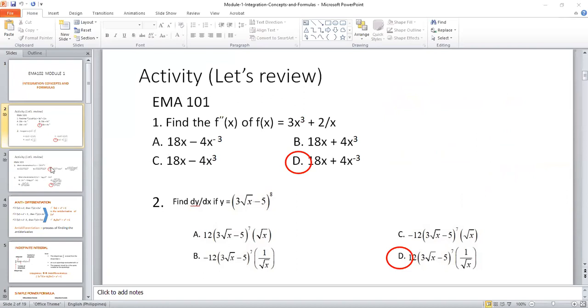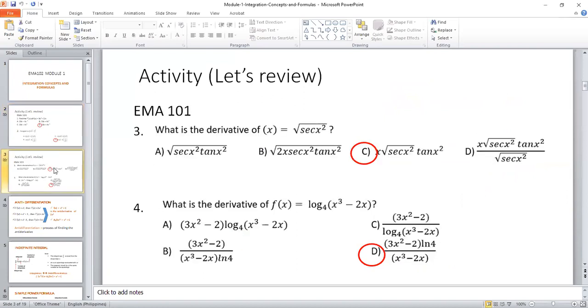If you continue with some more functions to be differentiated, you will have the square root of secant of x squared. Since your variable here is x, this is probably f of x, but the f was missed, it was not written there. So you have f prime of x, the derivative of this expression.